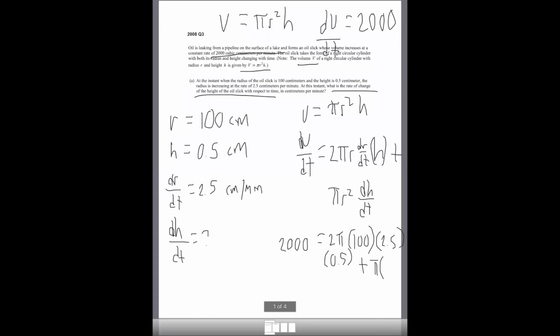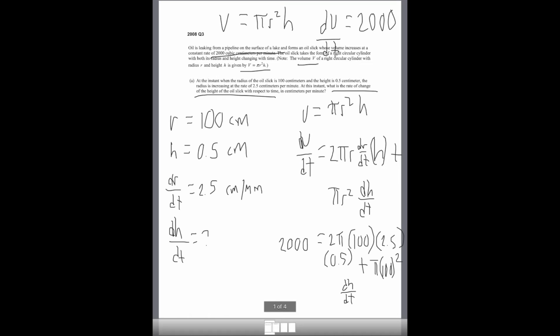Then we have an r squared at 100, so 100 squared. And then that's dh over dt all over there. I know that's super long, and I believe that for this problem we did have access to a calculator, and even then we have access to the calculator either way.